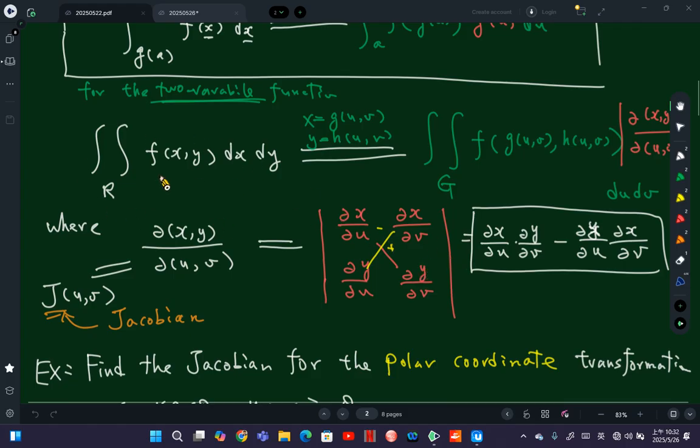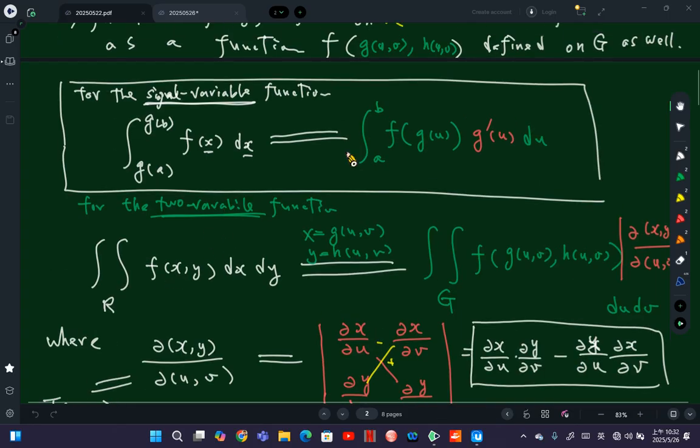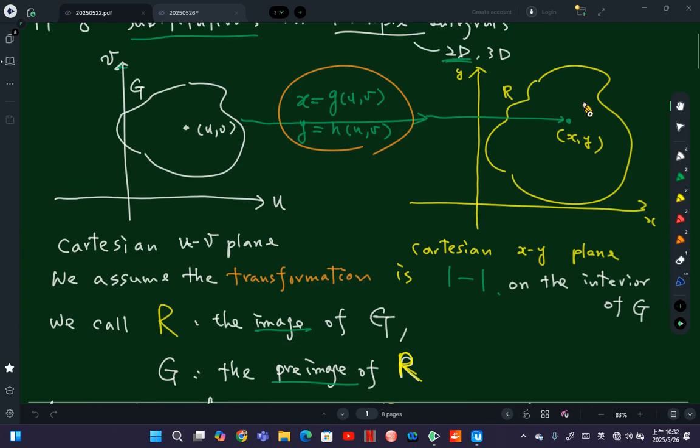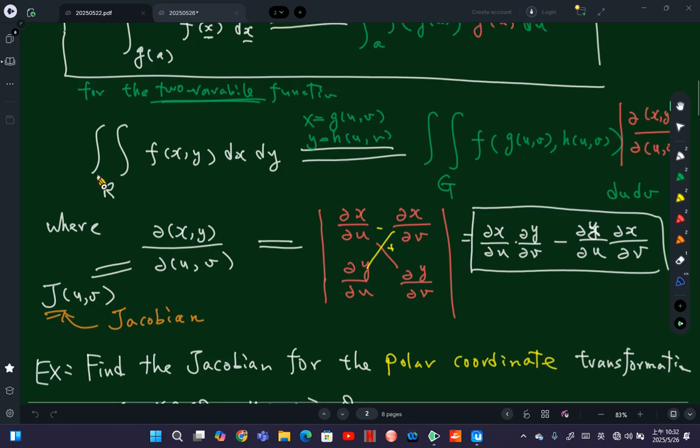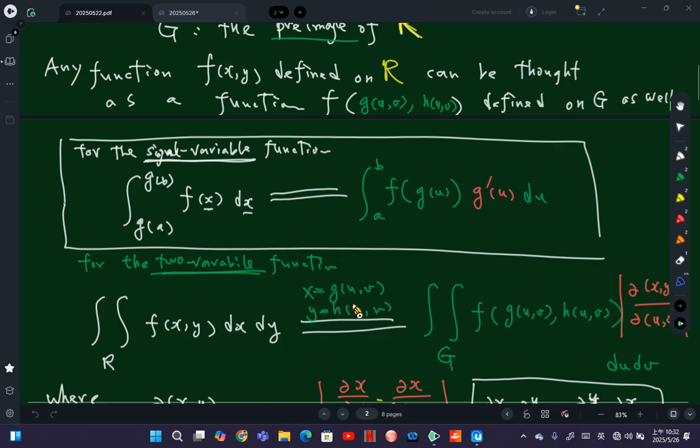So let me just directly go to the result. If you want to integrate, you can see R is here, the right hand side. If the original integration focuses on region R, and the function is f of x, y, then dx dy, can we just change the form from dx dy to du dv through this transformation?